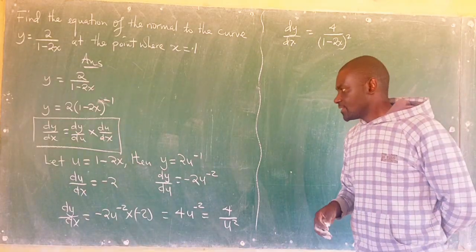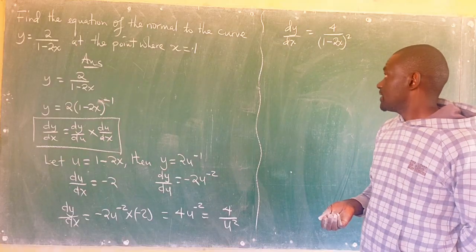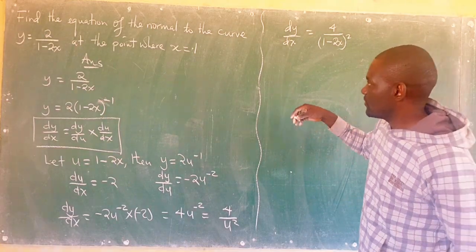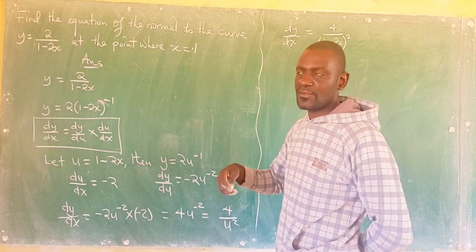Then having done that, all we need to do is find the gradient at x equal to 1. That's the gradient of the tangent. Then we use it to find the gradient of the normal.